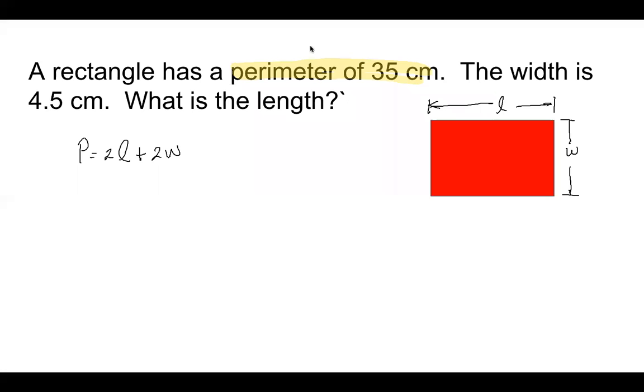So I am going to write 35 in place of P. 2 times the length. Do I know what the length is? No, I do not. They're asking me what is the length, which means I'm going to need a variable for that. So let's make L equal to the length of the rectangle.